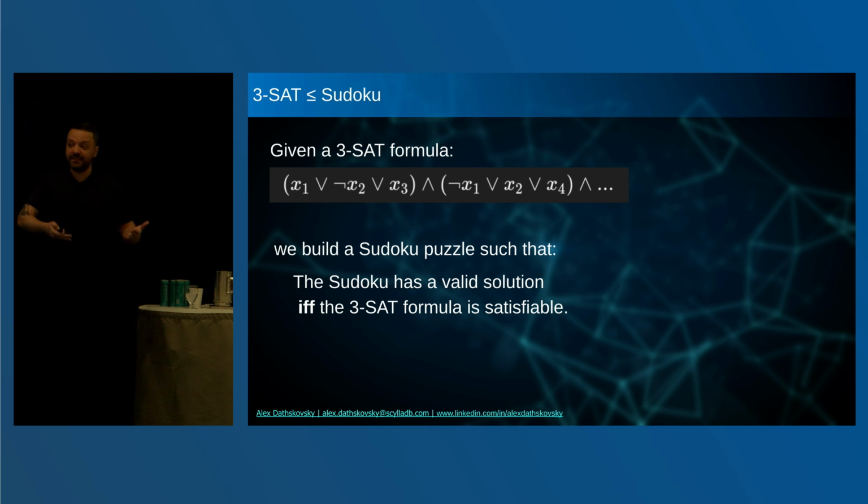Because 3-SAT is already NP complete, we can say that if Sudoku can be represented by 3-SAT and 3-SAT is solved, then the Sudoku problem will be solved as well. 3-SAT is basically clauses of 3 Boolean variables that have OR between them. And a 3-SAT solution is satisfied only if it's true. That means that all the clauses need to be true in the end.